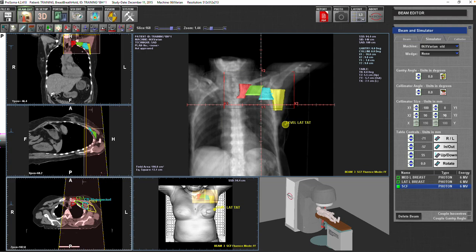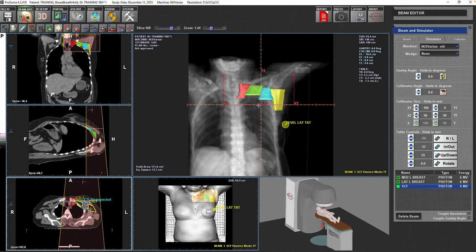So you end up having what we call a half beam block by just closing one of the jaws to 0. And this is one of the drawbacks of the half beam block. It will make you limited in terms of how long the field would be.